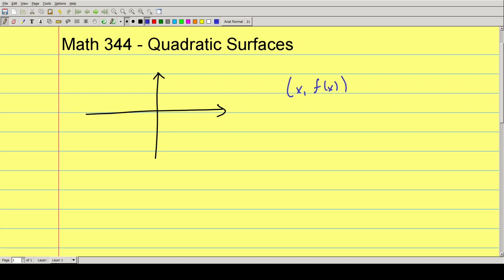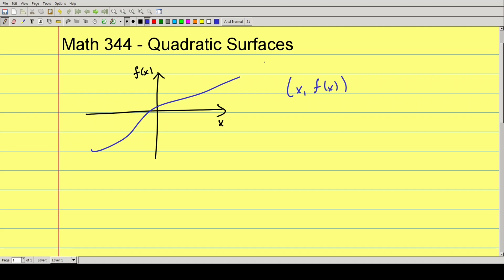We have an independent variable and a dependent variable, and we would have whatever it was our curve looked like. This is how we would organize the information. There was an independent variable associated with one of our axes, and a dependent variable associated with the other axis, and we go from there.